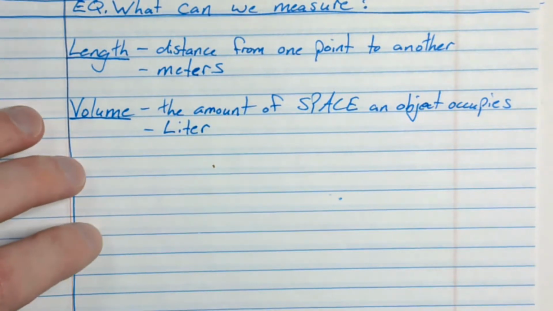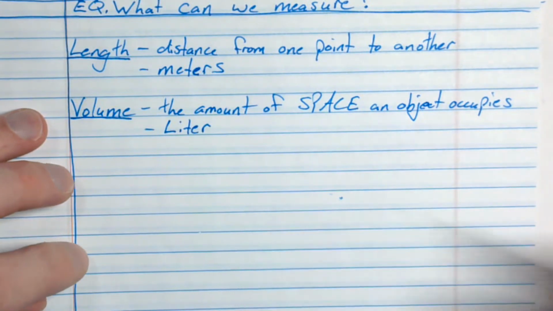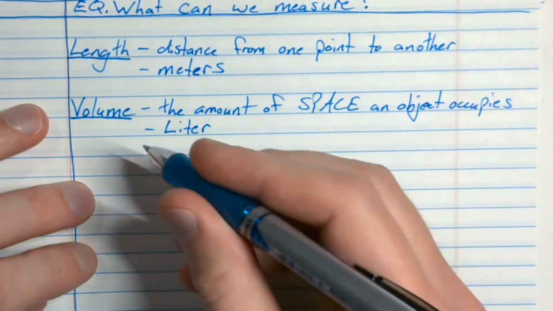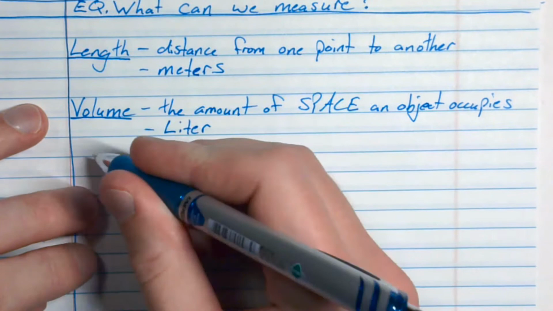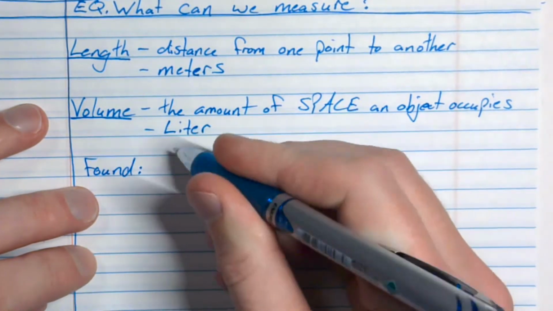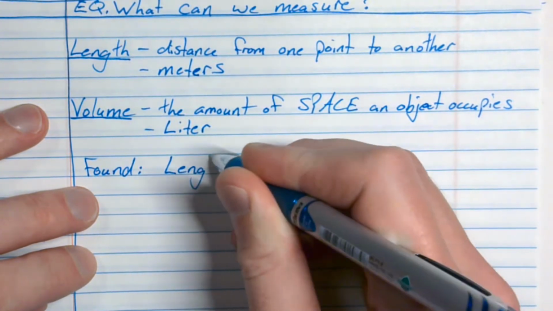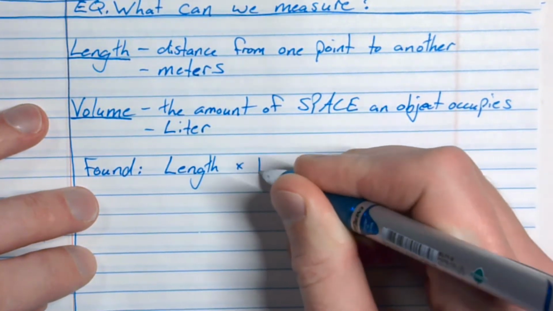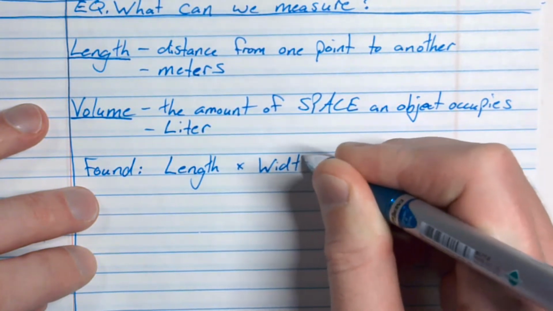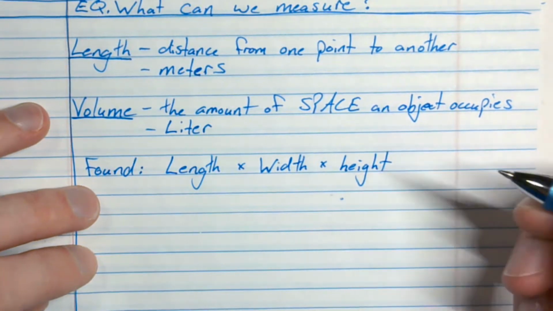So we're going to find this in two different ways. The first one, let's do found, doing length times width times height.